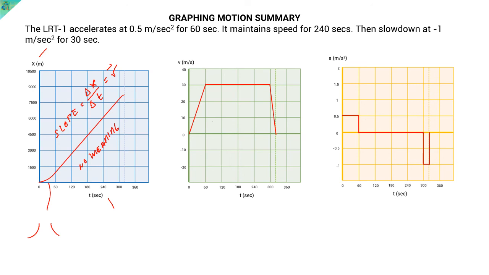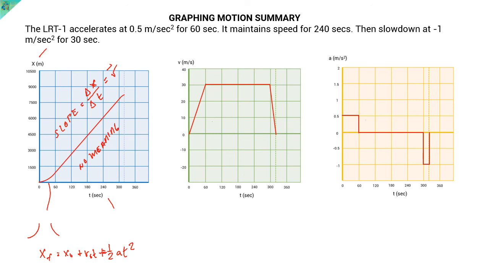Why are some of the plots here curving? Because we are using position or displacement as a function of time, where time is squared here.